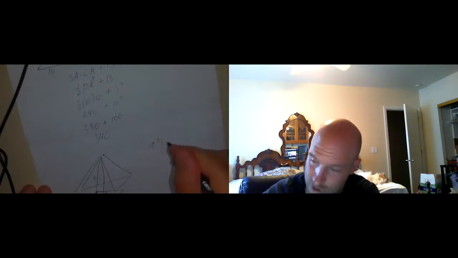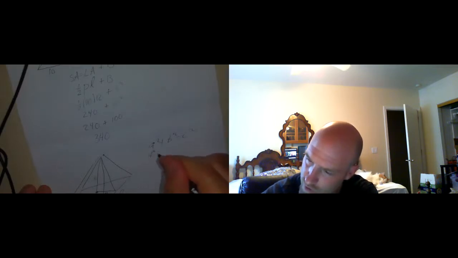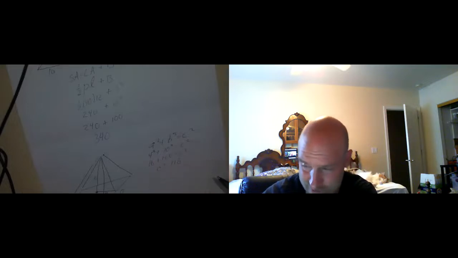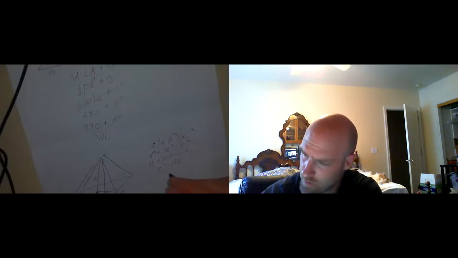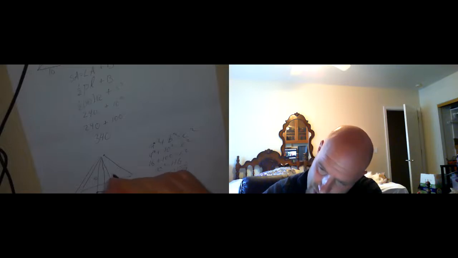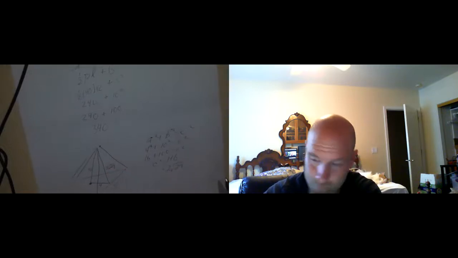A squared plus b squared equals c squared. 4 squared plus 10 squared equals c squared. 16 plus 100 equals c squared. And c squared equals 116. That is 2 root 29. Although that's not a nice number, sometimes it will be, sometimes it won't be.